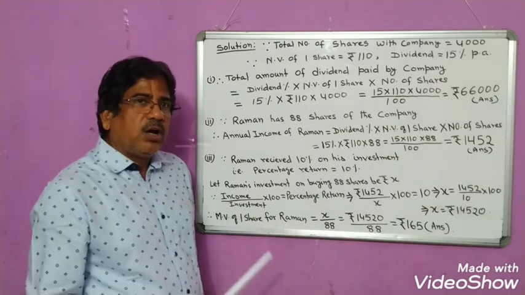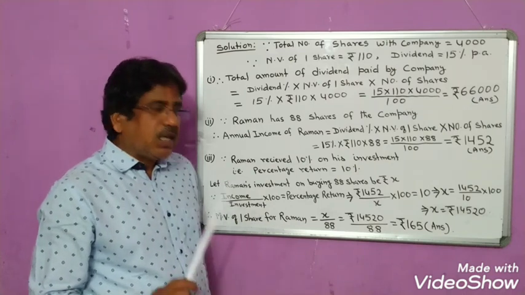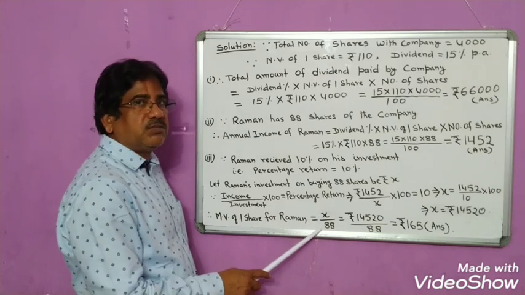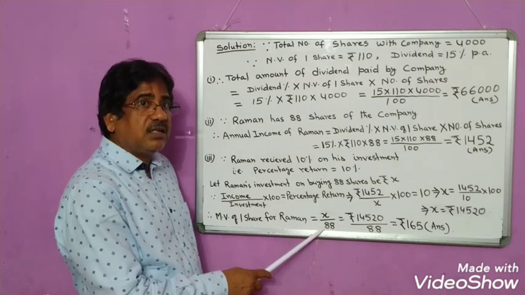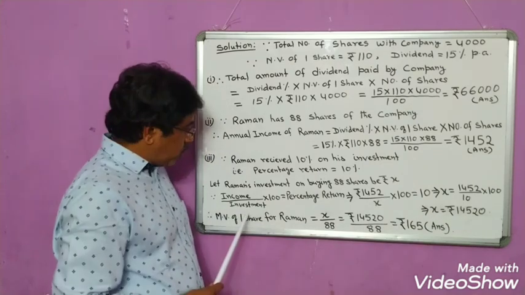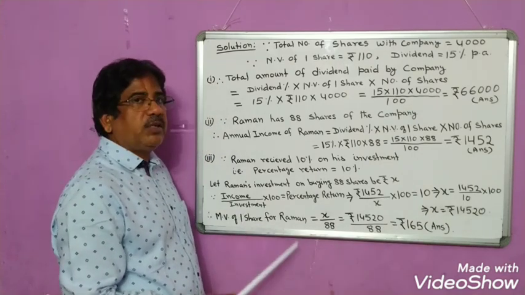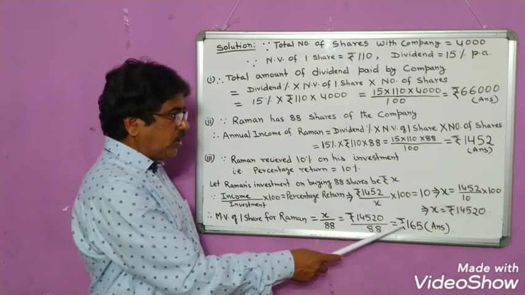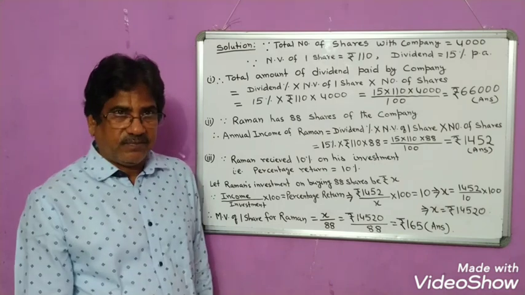Now, how much will he pay for one share? He will pay for one share the total investment divided by the number of shares, because he has purchased 88 shares and has paid rupees 14,520. So the market value of one share for Raman will be equal to 14,520 divided by 88, which gives rupees 165.